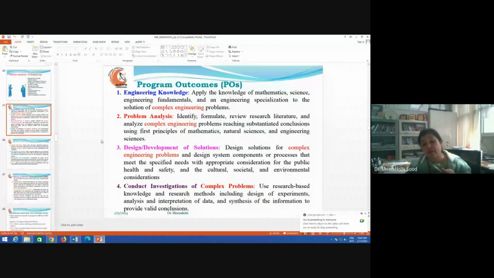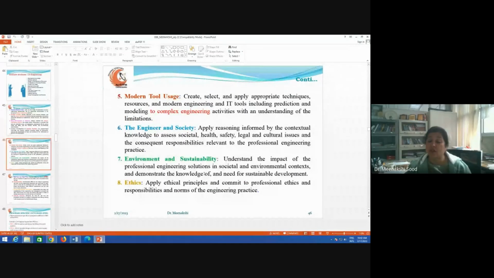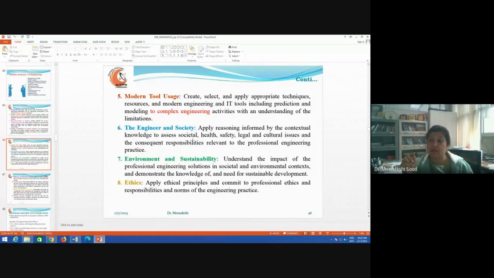See, actually the problem is what we infer: as you are saying it is technical, we are just correlating them with the first six, because it is engineering knowledge, problem analysis, design, modern tool, and then after six you are not doing. Yeah. But no, see, the relation may not be that strong.